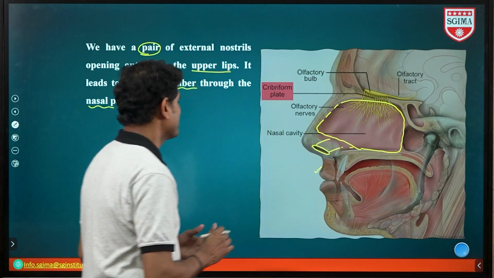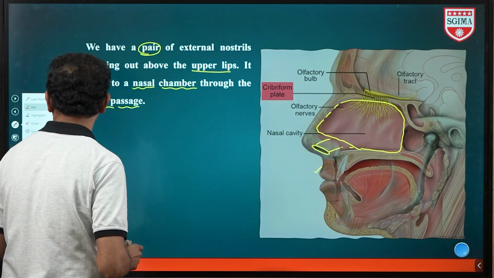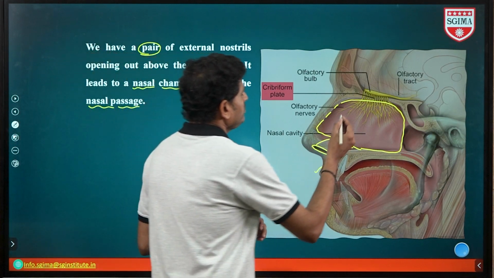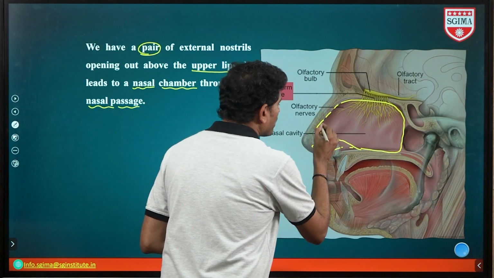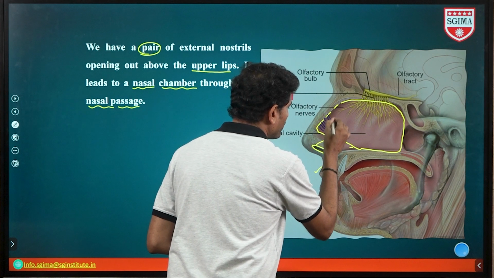This is from NCERT, and a little bit related to NCERT we are going to discuss here. When the nasal passage opens into the nasal chamber, first of all a number of hair-like structures are present.